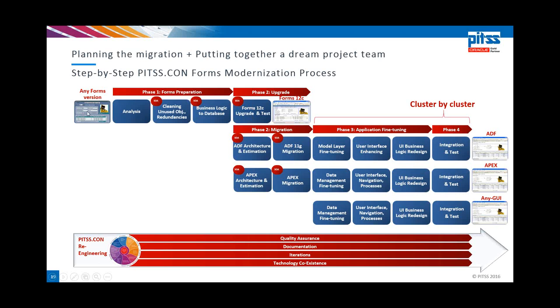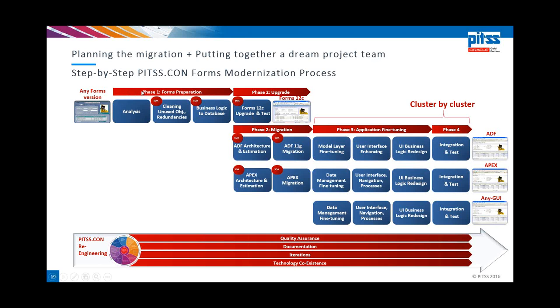The second line, starting with forms, going through phase 1 and then going on the second line with phases 2, 3, and 4, is the forms to ADF migration. Then we have Apex, again starting with forms and going on the third line with the migration, and any other technology. The principles are the same in any kind of migration project. So each of these paths has two main components. It has preparatory steps, phases 1 and 2.